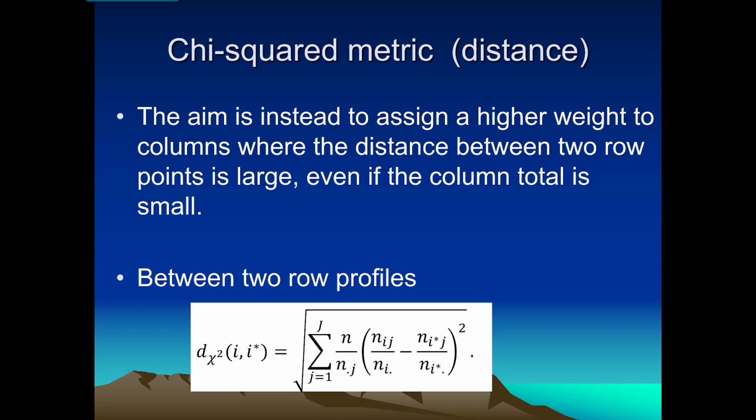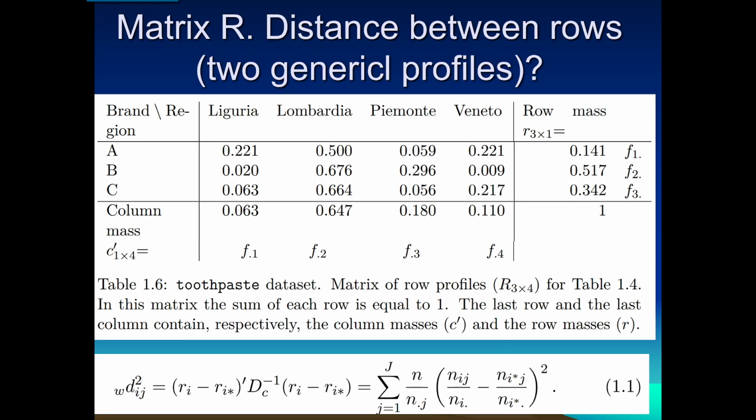As if you standardize the data in some way. Therefore, these column masses can be considered as the variances of the variables. So in the Mahalanobis distance, you divide by the square root of the variance. Therefore, this is the generic formula for computing the distance between two generic rows.